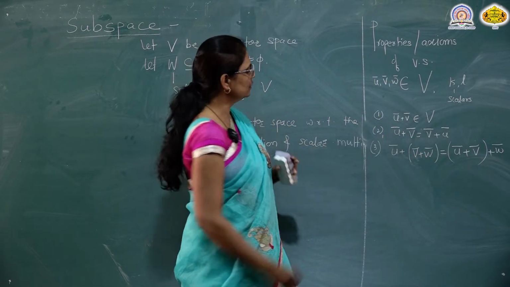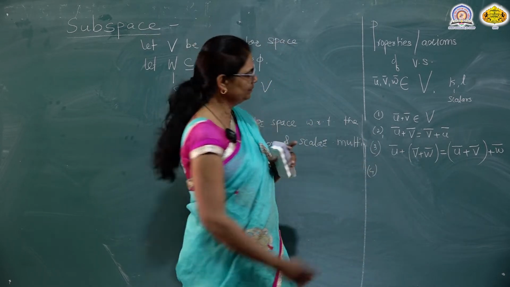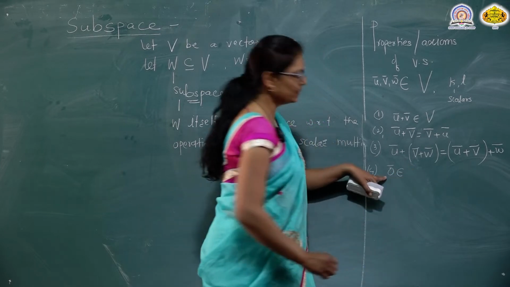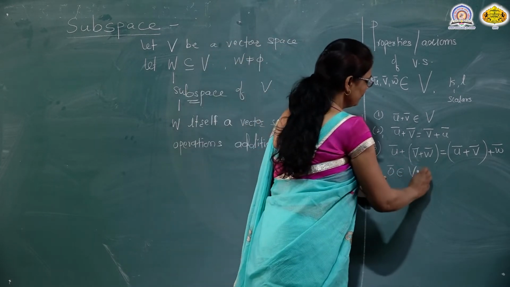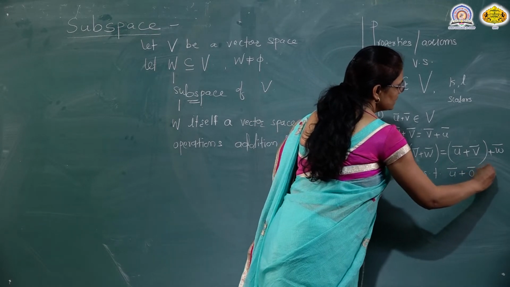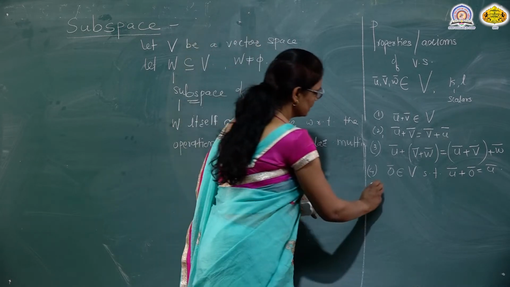Fourth property is existence of zero vector. So there exists a vector, we denote it by 0 bar, belonging to V such that u bar plus 0 bar is always equal to u bar.